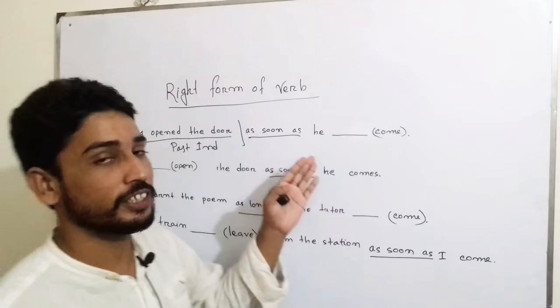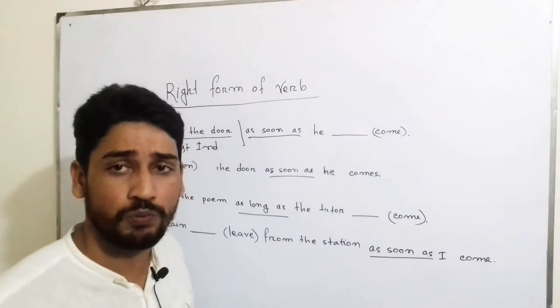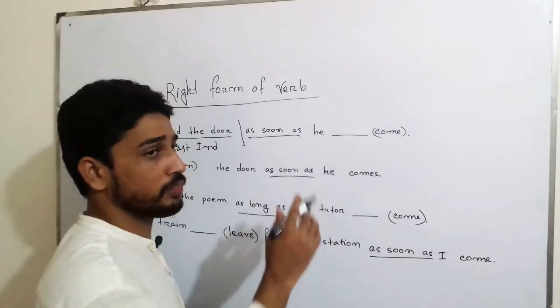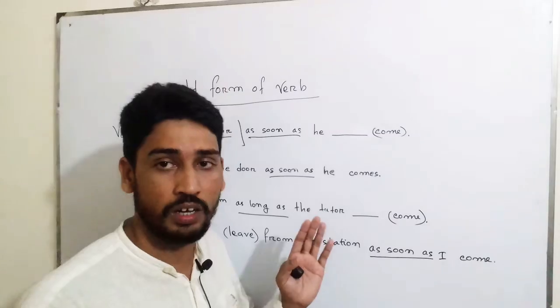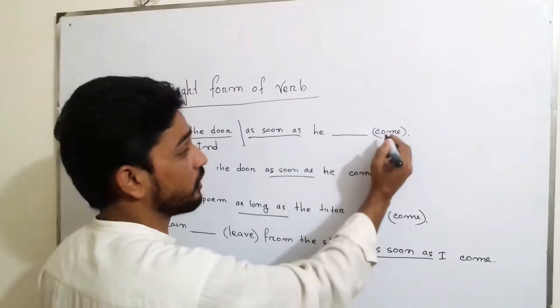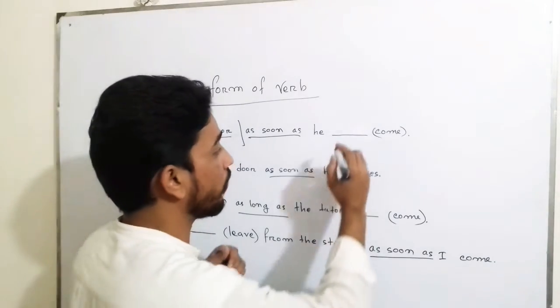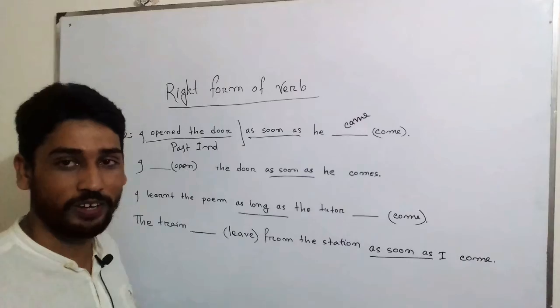So the rest part will also be past indefinite. For past indefinite, we know after the subject, the verb's past form will come. Here he is the subject and the verb will be in past form. The past form of come is came. So came is the right answer.